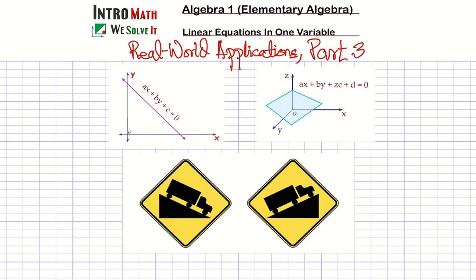You're going to see different flavors of problems. Today we're going to have a bunch of transportation problems, like a car traveling from one distance to another, or a car traveling the same distance at a different speed. So we've got a bunch of problems in this area of linear equations in one variable.